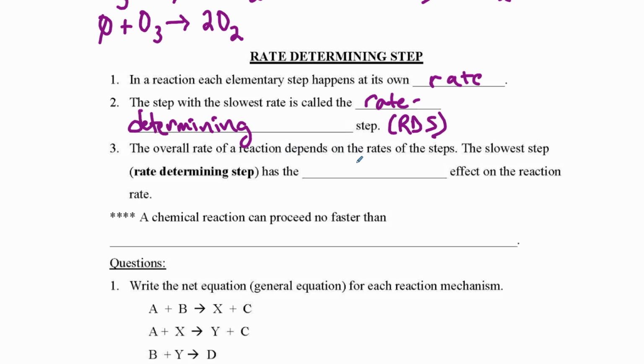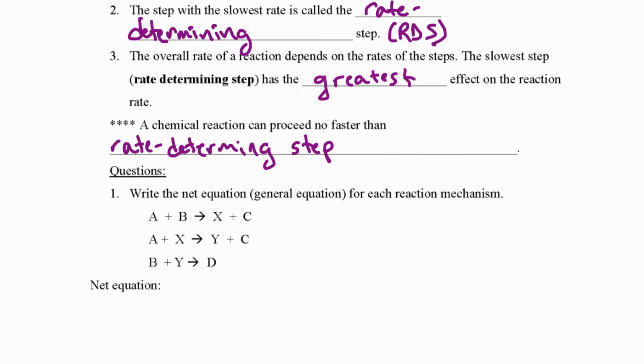And the overall rate of reaction depends on the rates of the steps, but you get that overall rate from the slowest step. So that's what has the greatest effect on the reaction rate, I should say. So basically a chemical reaction can't go any faster than the slowest step, which is the rate determining step. So that's what's going to tell you how fast or slow the reaction takes place.